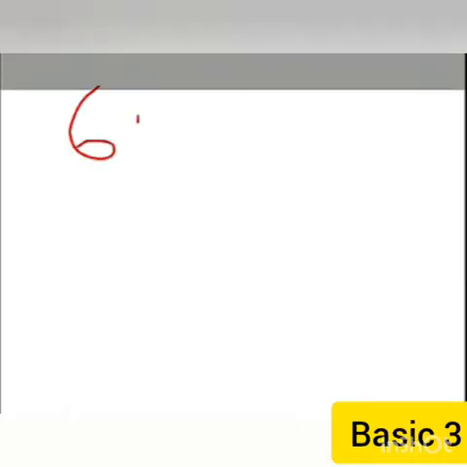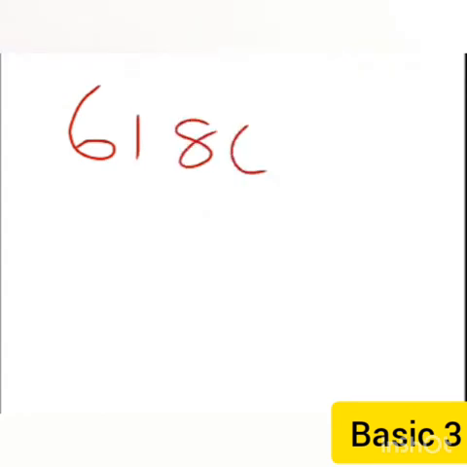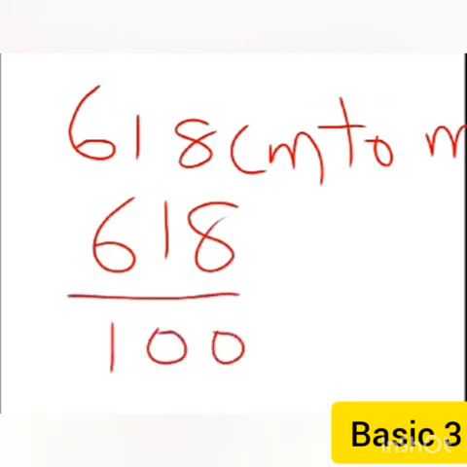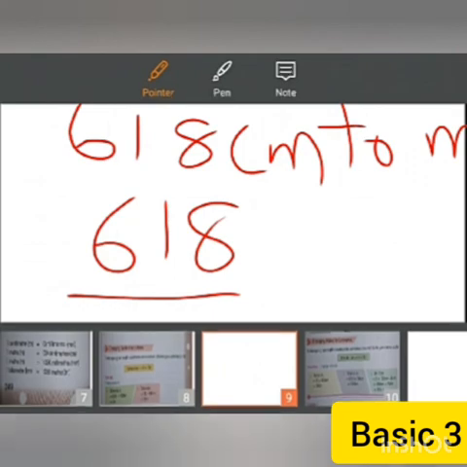Let's do it together. 618 centimeters to meters. What you do is you divide. 618 divided by 100. There is something I will bring to your notice when we are done with this. When dividing by 100, it is assumed that the decimal point is always at the end of the number.